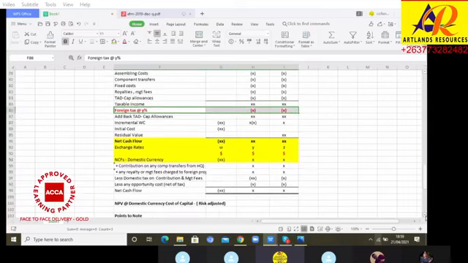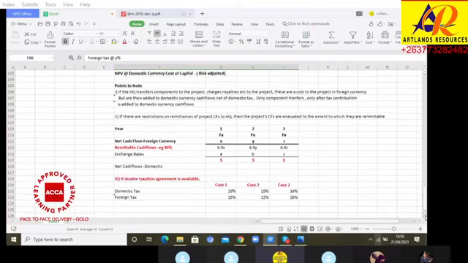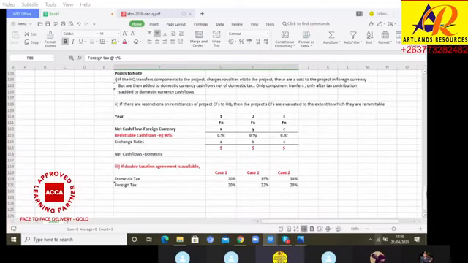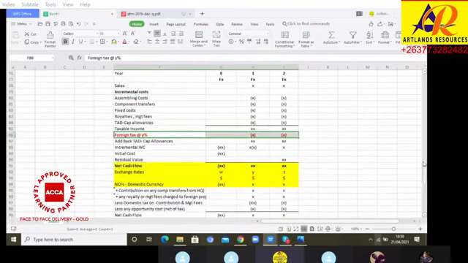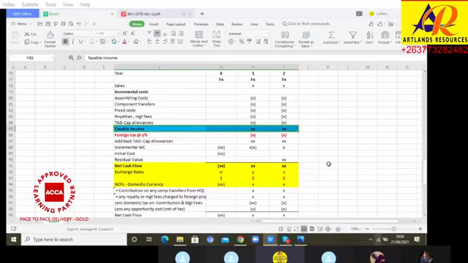So let us now see how the Zimbabwe government will treat this. Notice this tax was levied on foreign currency cash flows, actually highlighted in blue. The foreign tax was levied on taxable income.